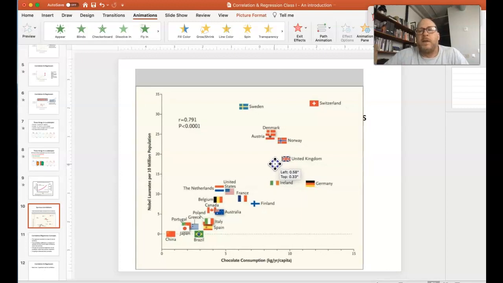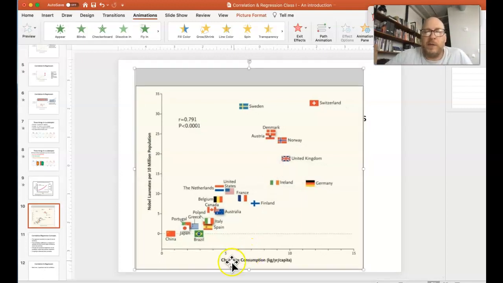That's a correlation between chocolate consumption per capita and the number of Nobel Prizes per 10 million people in the population. So here we have a clear correlation that the more chocolate consumption there is in a country, the more likely they are to win the Nobel Prize.